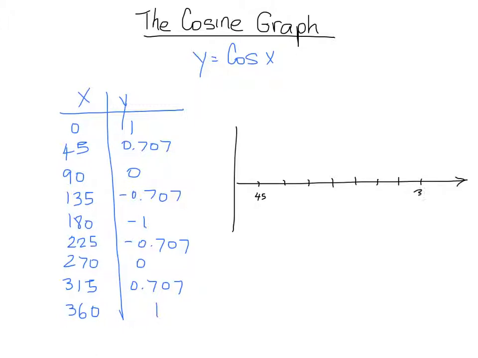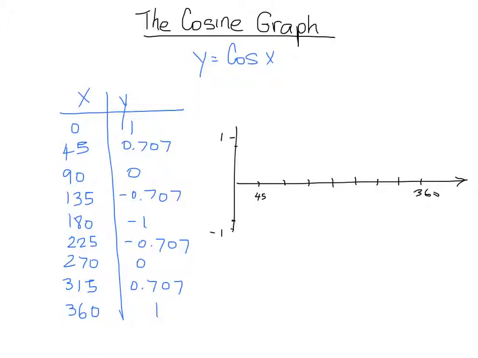Alright, so keep in mind that this is a very, very rough sketch. I don't have graph paper and I'm working on a screen here. But just to give you an idea, so that's approximately 0.707. And that's also approximately 0.707. Okay, so let's go ahead and plot these points.